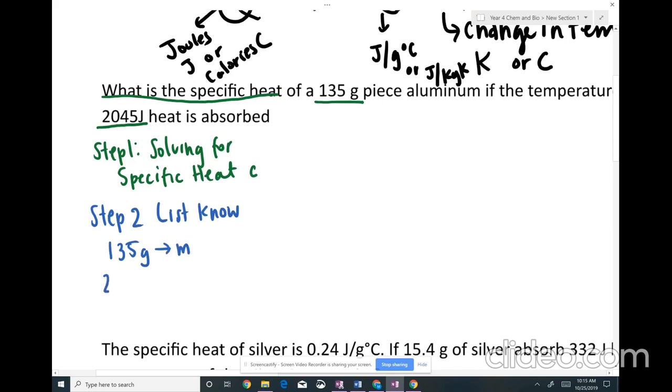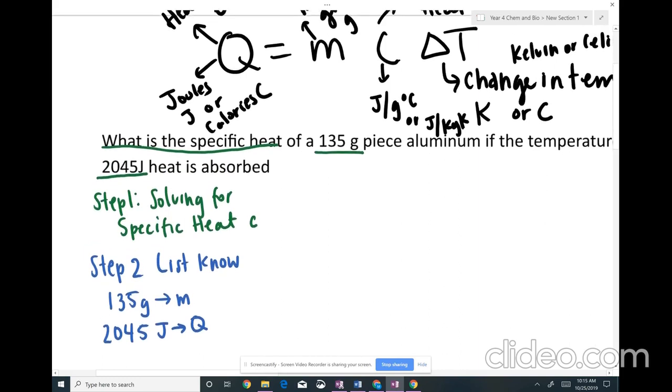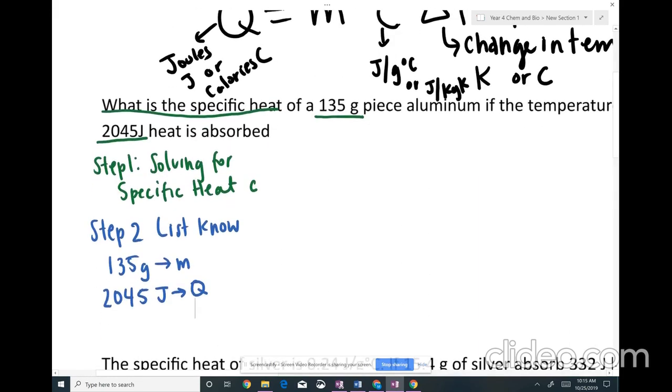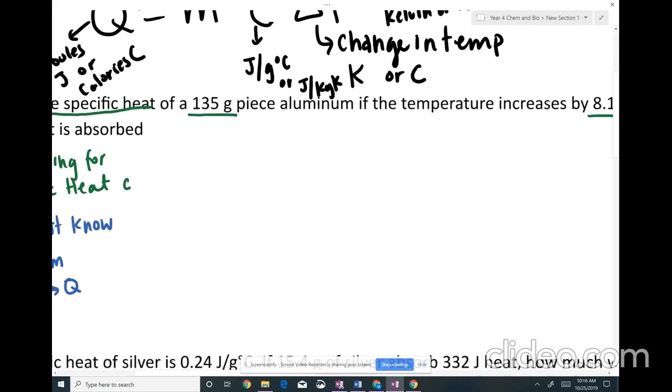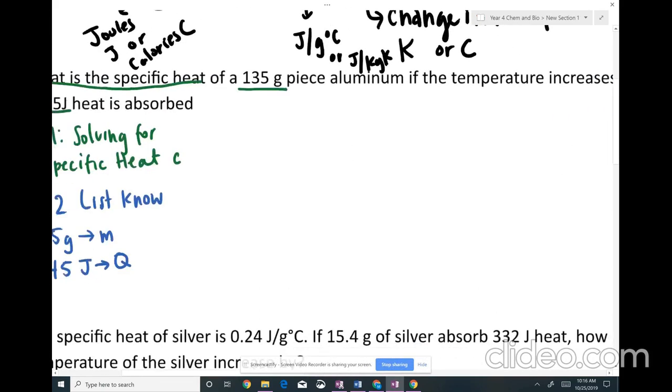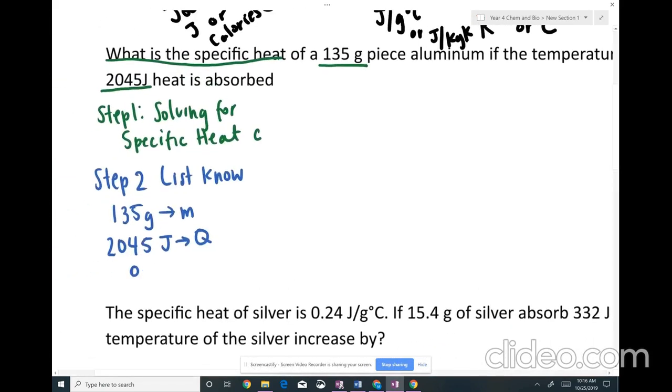We have 2,045 joules, and that is Q. I know that because, first of all, it says heat, and Q is heat/energy, and it's also expressed in joules. And then my temperature increases by 8.1 degrees Celsius. So 8.1 degrees Celsius is a delta T.